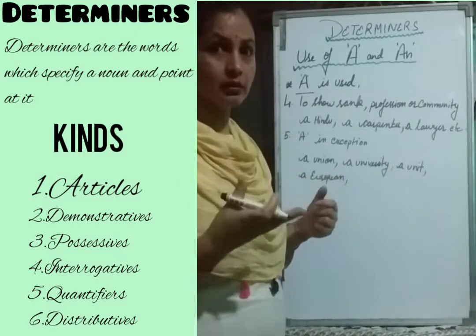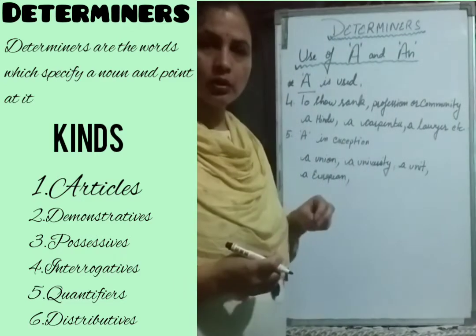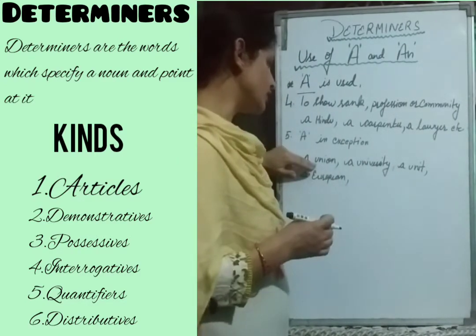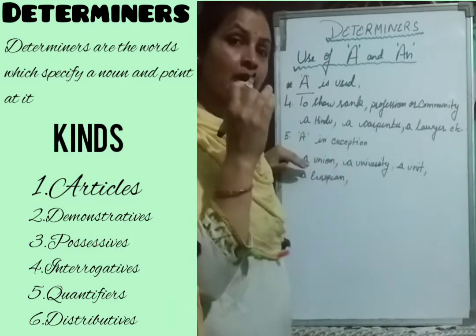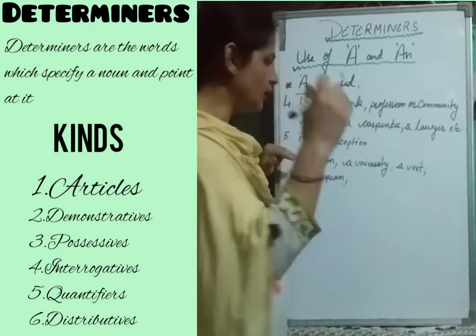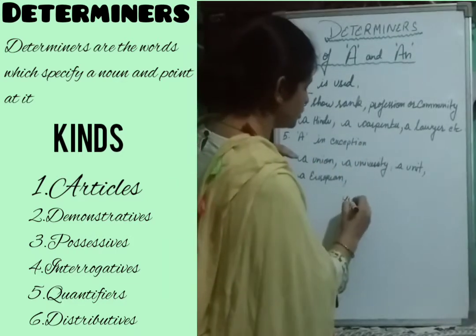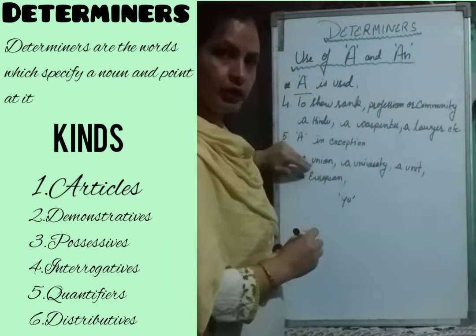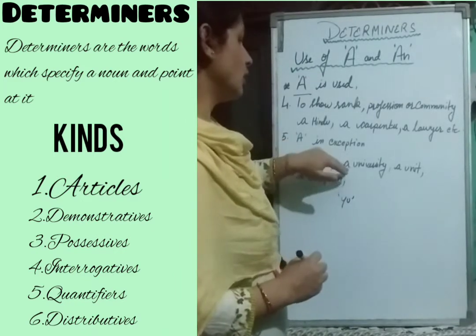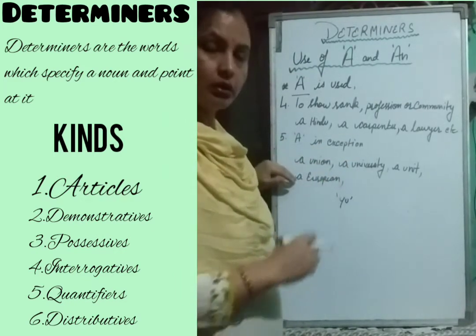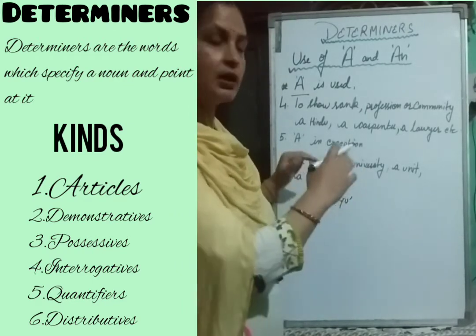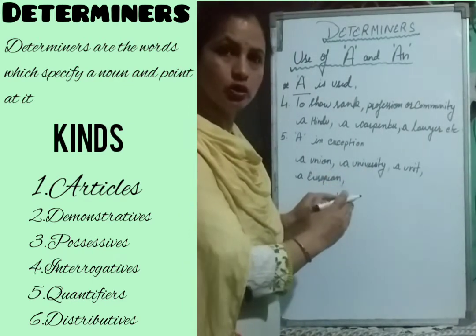What is the reason? These words start with a vowel letter, but they sound like YU. Union, a university, a unit, a European. Every time it produces this sound, YU.